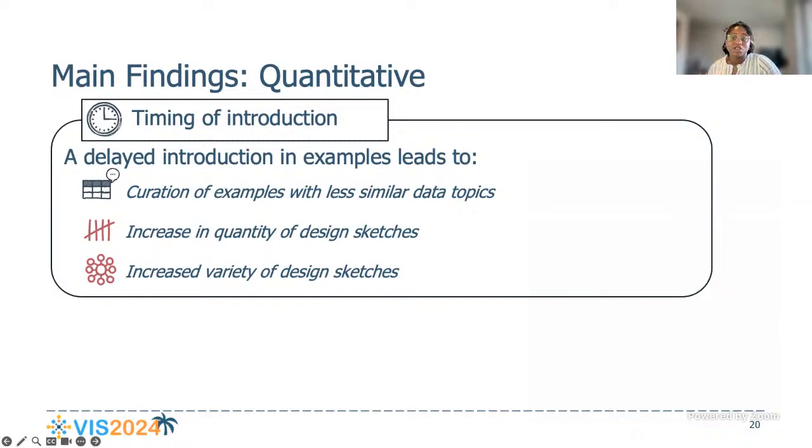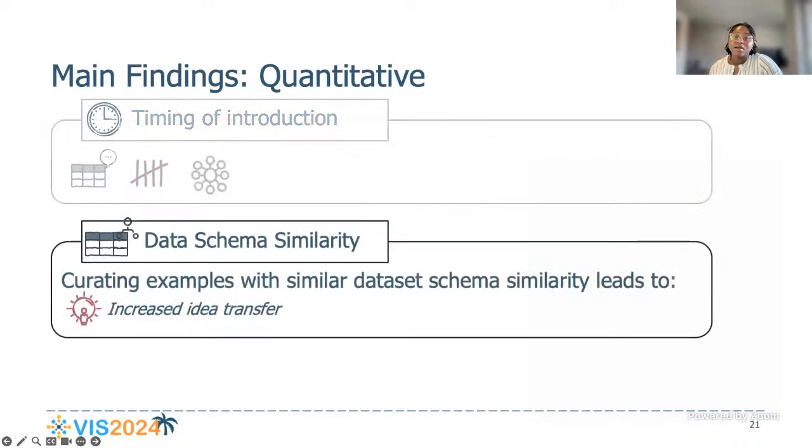And these actually confirm the results of prior work, which shows that a delay in introducing examples is more effective at improving the number of ideas produced while problem solving. Additionally, participants who curate examples that have closer schema similarity to the data set that they're working on are actually more likely to copy ideas from those examples into their visualization designs.